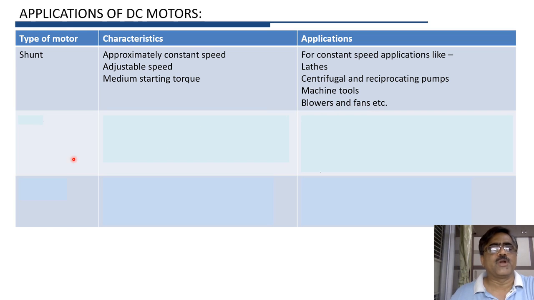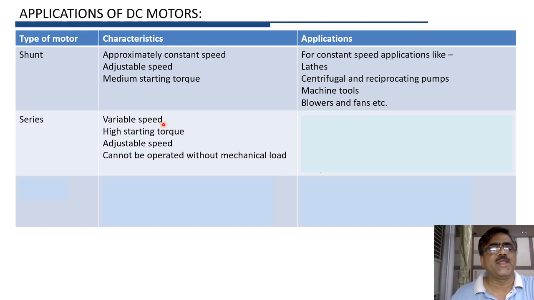Then the second motor is DC series motor. Now series motor, the speed is variable, it is not constant. Then in case of series motor, the starting torque is high. Then in this case also the speed is adjustable by field current control or by armature voltage control. But one important thing is series motor cannot be operated without mechanical load.